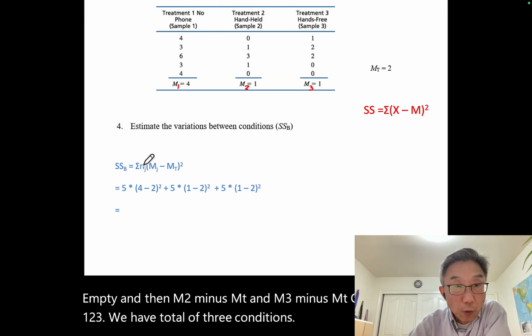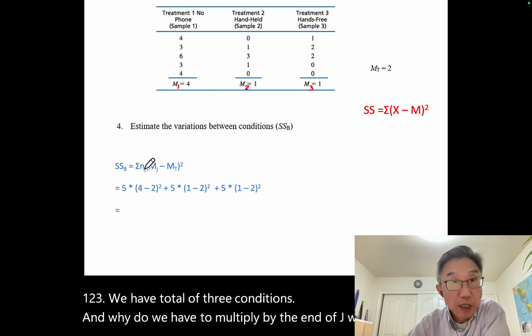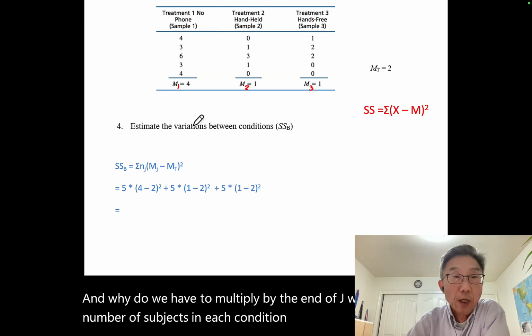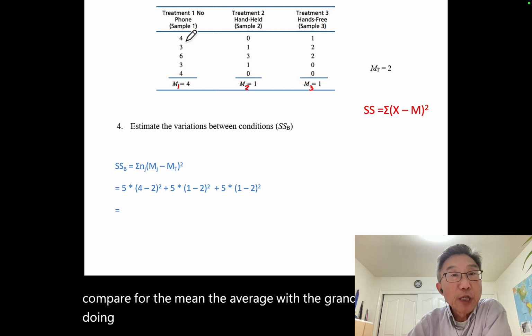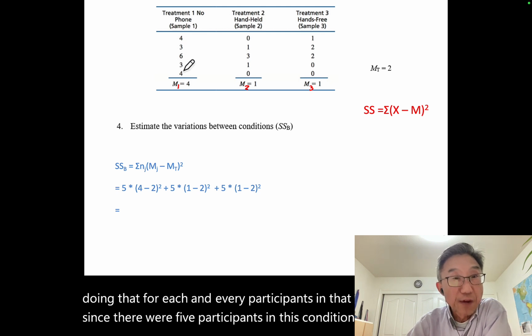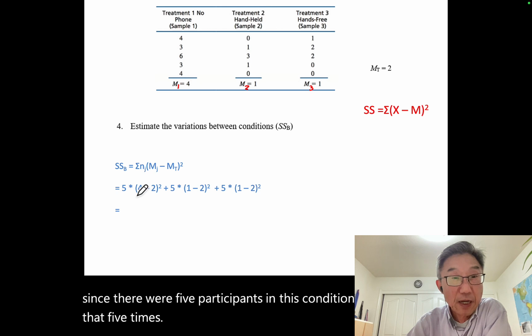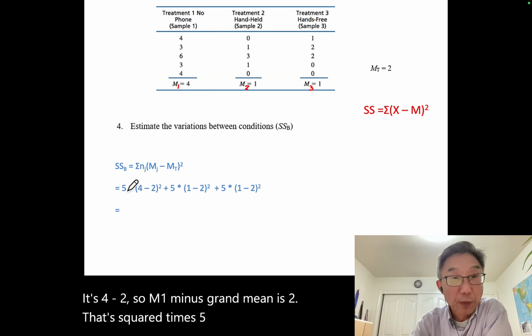And why do we have to multiply by the n of j, which is the number of subjects in each condition? Here's the reason. When we compare the mean with the grand mean, we are doing that for each and every participant in that condition. Since there were 5 participants in this condition, we have to do that 5 times. So that's why it's 4 minus 2. So m1 minus grand mean is 2, squared, times 5, once for each participant.